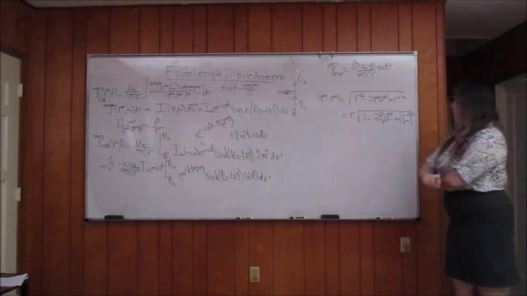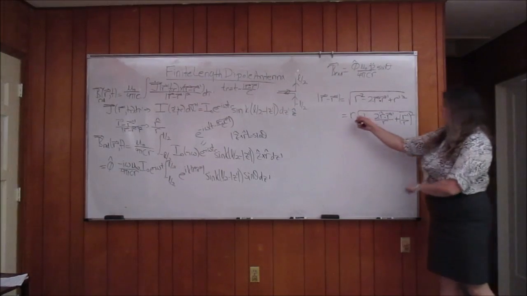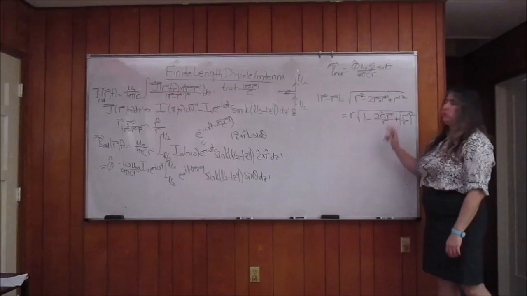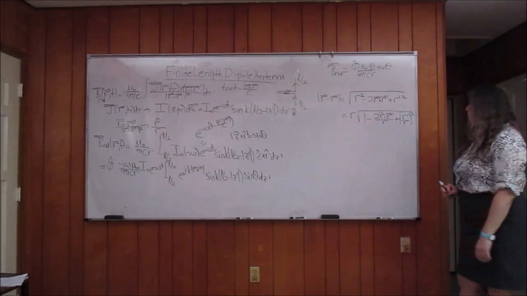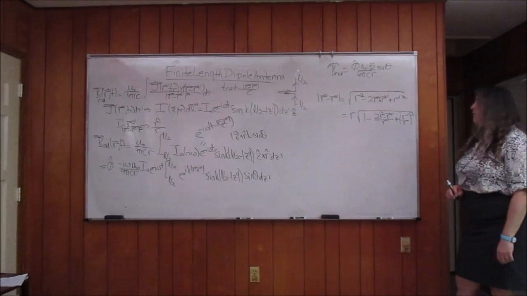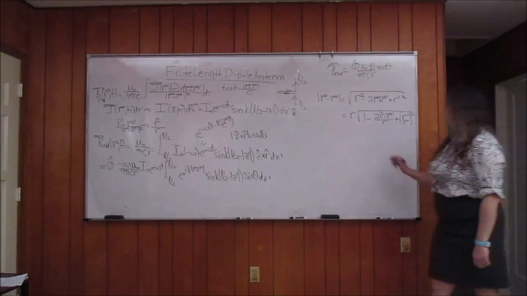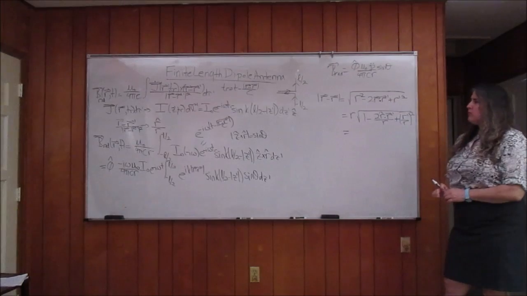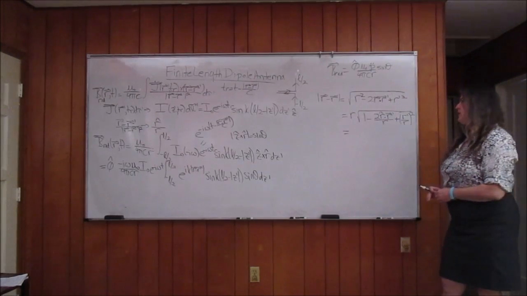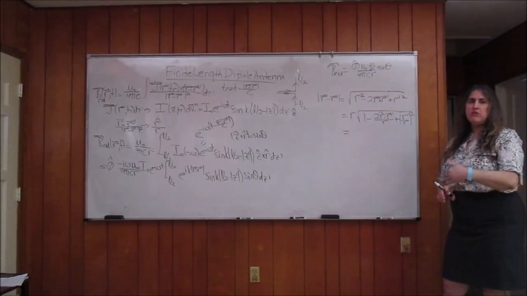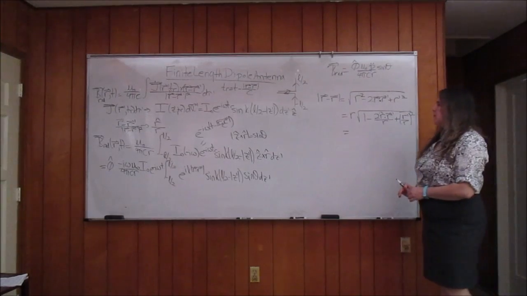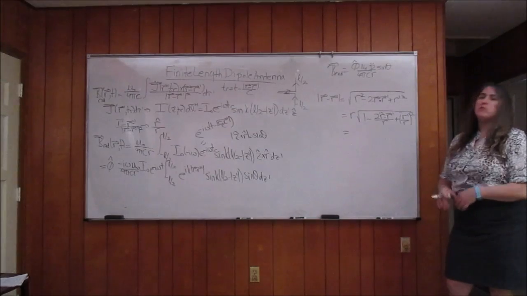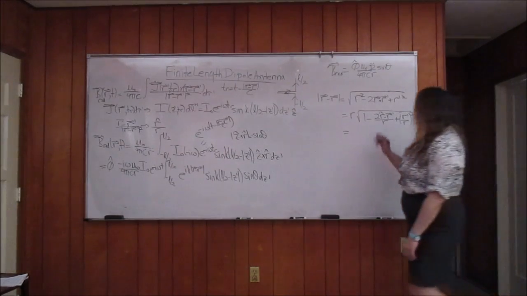I'm going to multiply this out. So basically I factor out r, I get r times the square root of 1 minus 2 times the dot product of the unit vector r with r prime over r, plus r prime over r squared. So in our system here, we're making use of the paraxial approximation, that is to say that the observation point is much, much larger than the dimensions, and then also, of course, we're assuming that the observation point is much, much larger than the wavelength as well.